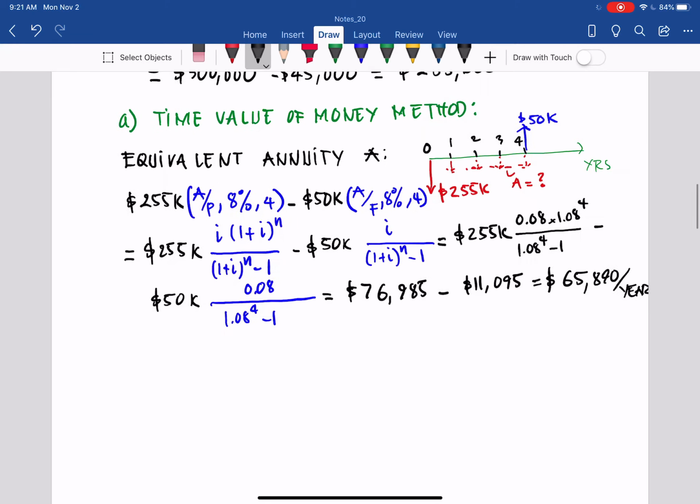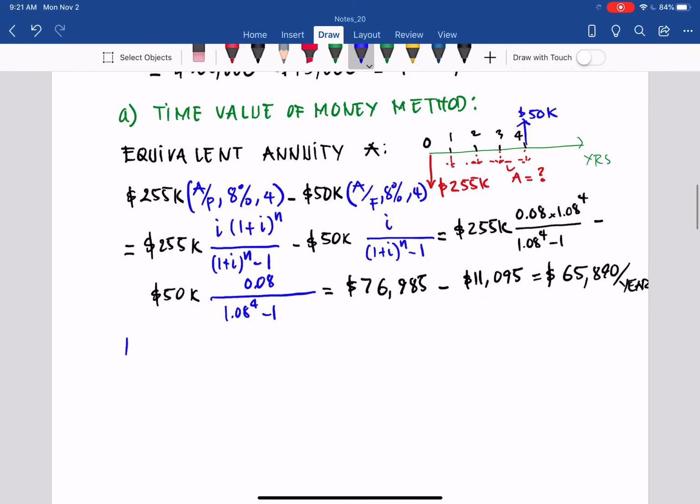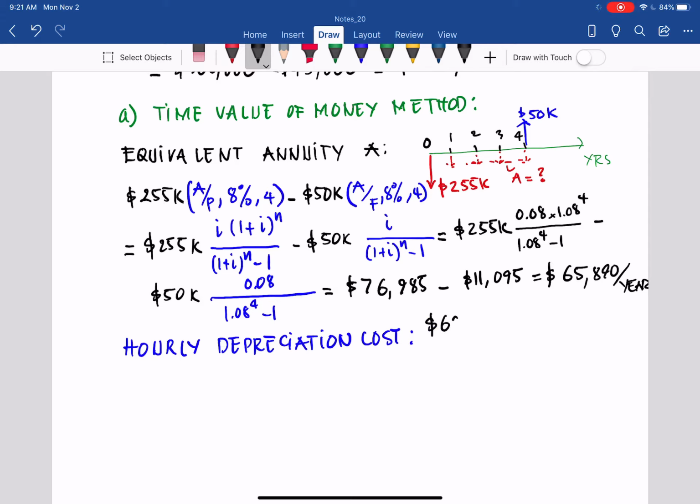Then we can determine the hourly depreciation cost. Hourly, that is the question asked. So with that one, we have the 65,890, the equivalent amount every year, and then we divide by the hours every year.